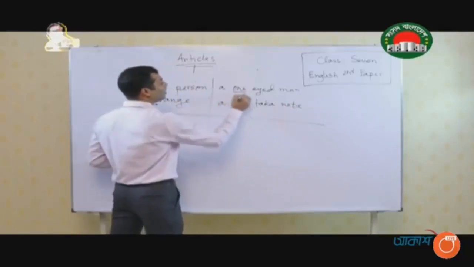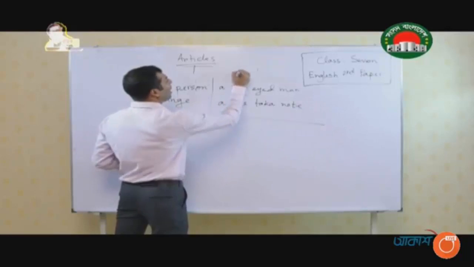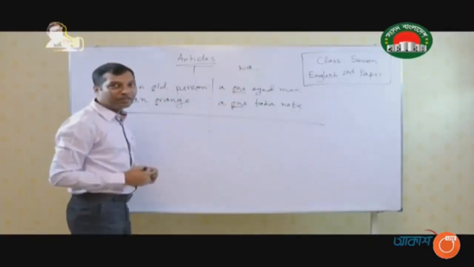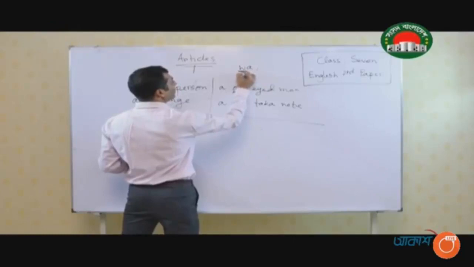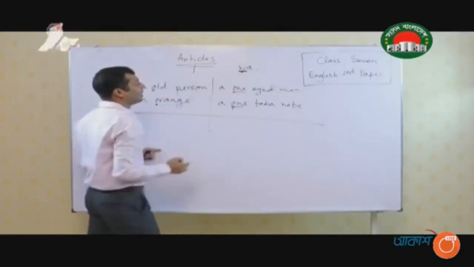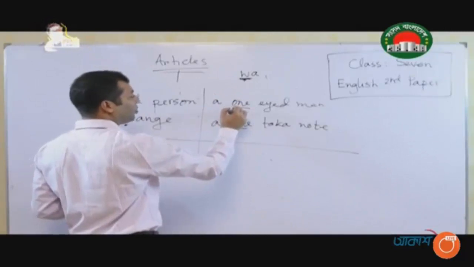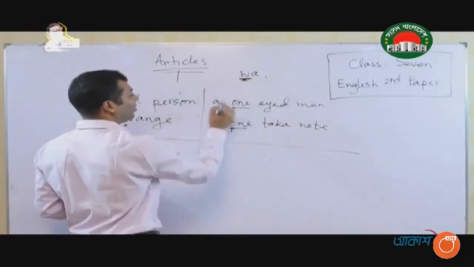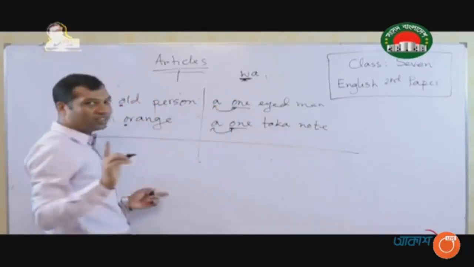In one, O is pronounced as Wa. When you are pronouncing it as Wa, W is a consonant sound. While pronouncing the word one, Wa is a consonant. Only for this reason we have to use the article a, not an.